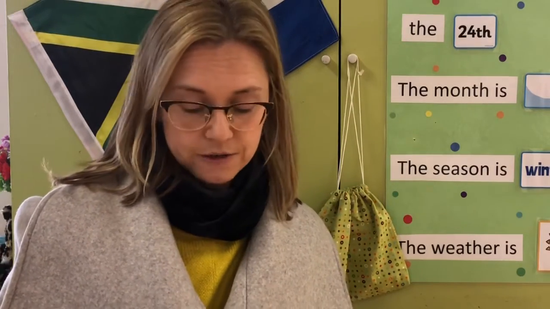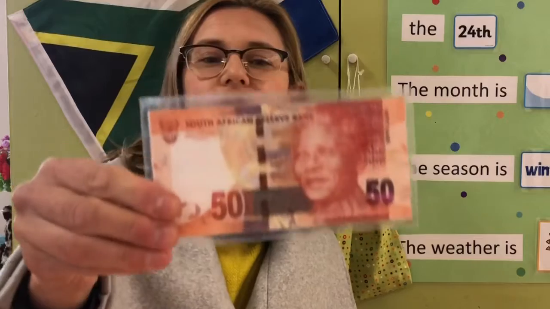Yes, what color is the 20 rand note? A brown one, good. And what animal is on the brown one? That's right, an elephant. Which note comes after the 20 rand note? The 50 rand note. And what color is it? Yes, it's red. Have a look. And what animal is at the back?